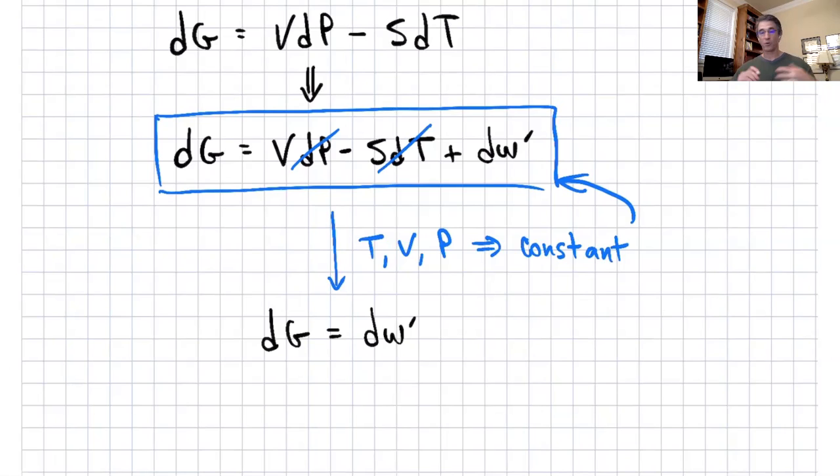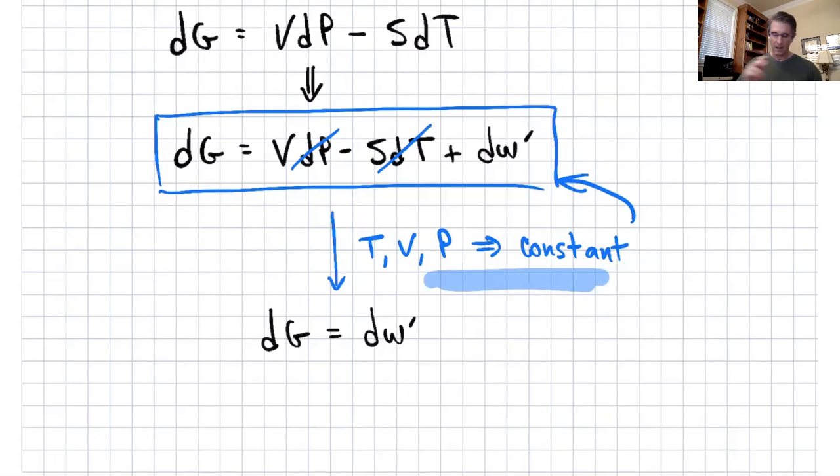Which is great, because that means if we can approximate at least these conditions of an approximately reversible process, at least in a simple derivation like this, and under conditions where temperature, volume, and pressure approximately don't change, the only thing we need to worry about in terms of the Gibbs free energy change is any non-pressure volume work that happens to be done, which is what we care about: electrons flowing around.